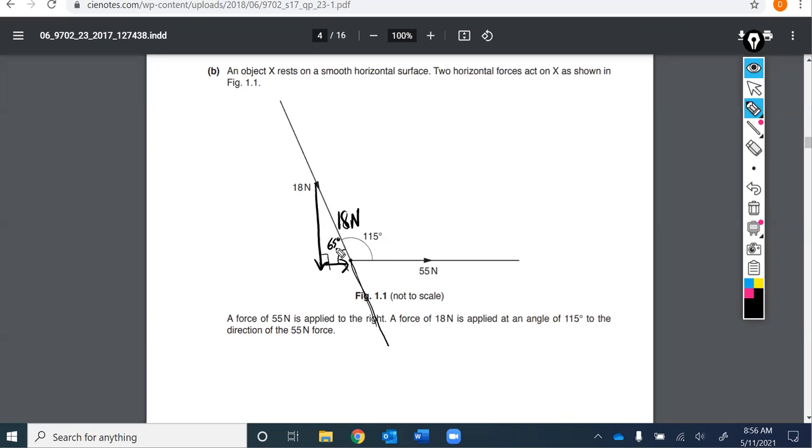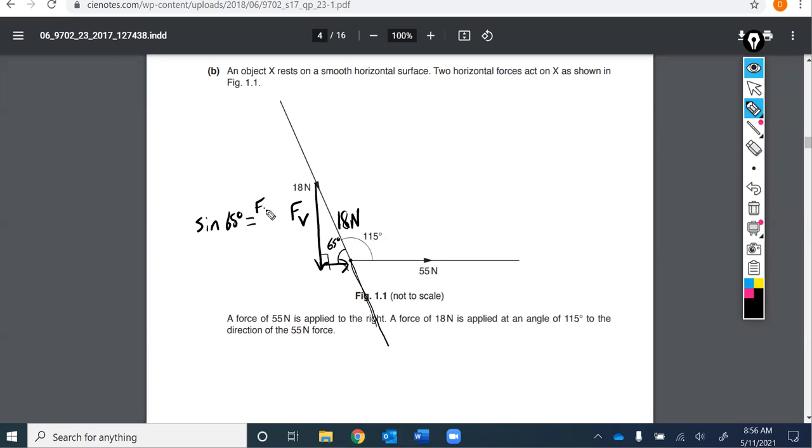We'll use the 65-degree angle, and we'll say, well, this side is opposite. So the sine of 65 degrees, the function of the angle relates the opposite to the hypotenuse for the sine, right? SOHCAHTOA. So sine of 65 equals the side opposite. Let's just call this the force vertical.